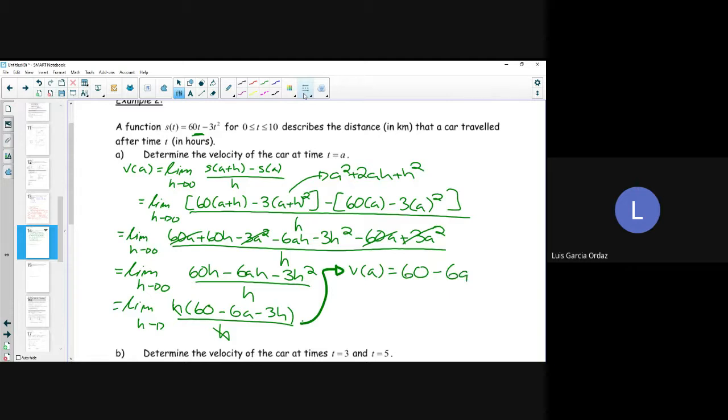So, to find the velocity at any t value that equals a, we're going to use the velocity function 60 minus 6a at whatever value we assign a to be. So I'm going to move down a bit.